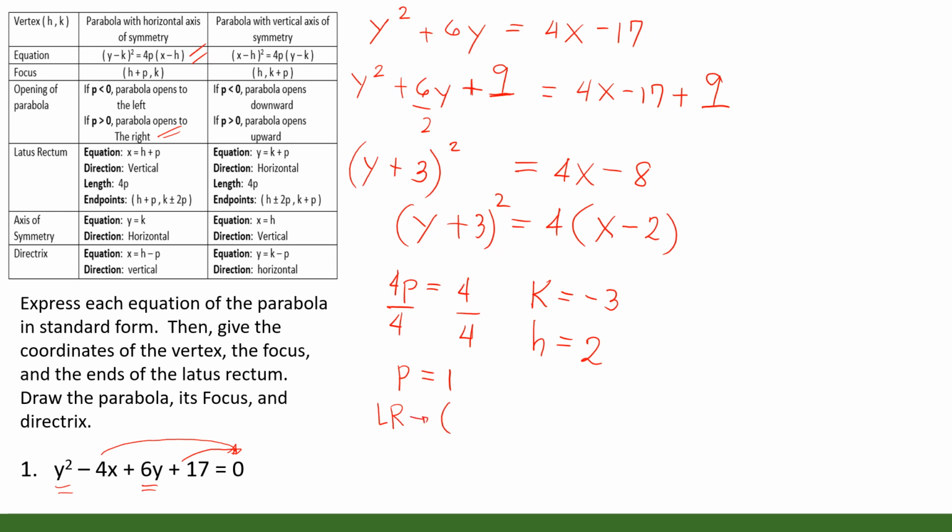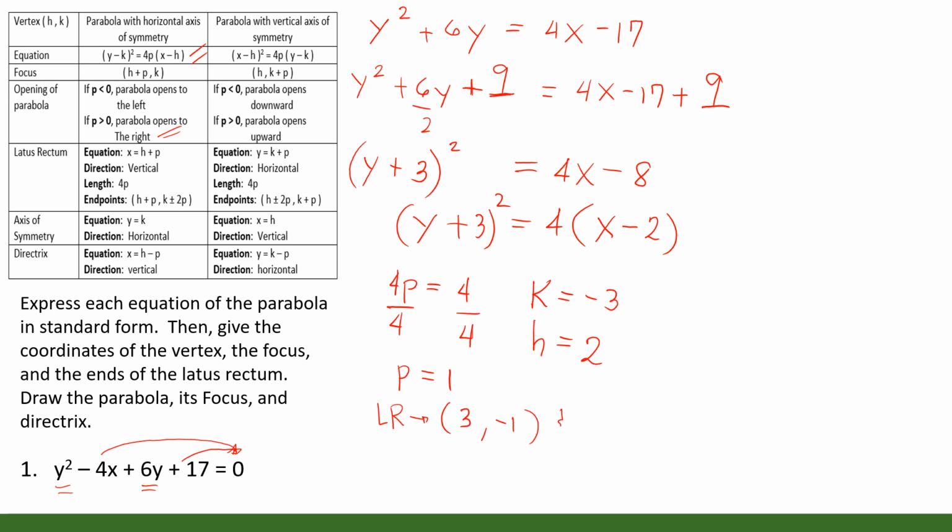So 2 plus 1. So that is 3. And then k plus minus 2p. So k is negative 3, and then plus 2p, plus 2. So negative 3 plus 2 is negative 1. So that is 3, negative 1.